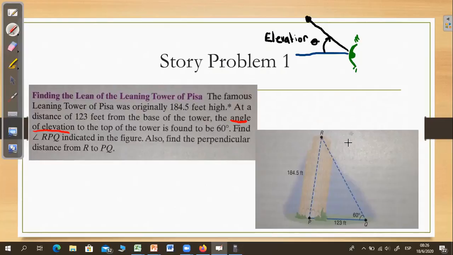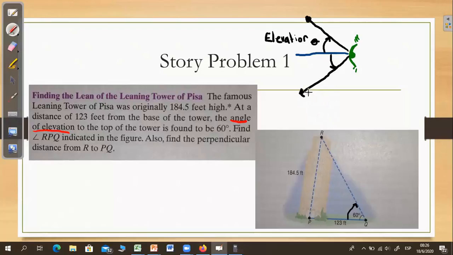Okay, and that's the situation that happened here. Someone was here, and the angle of elevation made is like that. So what happens if instead of looking upward, you look downward, and you change your view like this?